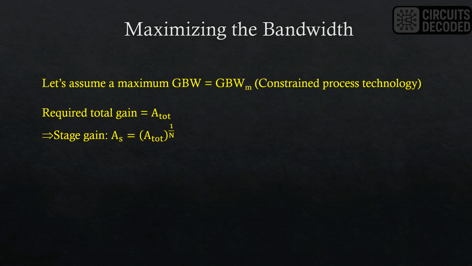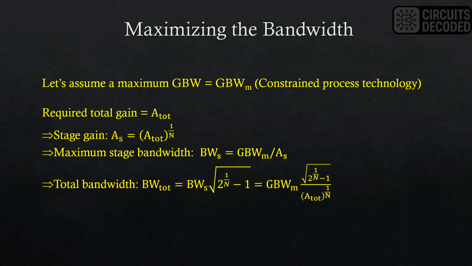Then the stage gain becomes A tot to the power of 1 over n, where n is the number of stages in the cascade. The maximum stage bandwidth is also given by GBWm over As, which is the stage gain. Now, by using the expression that we derived before, we can find the total system bandwidth as shown here.